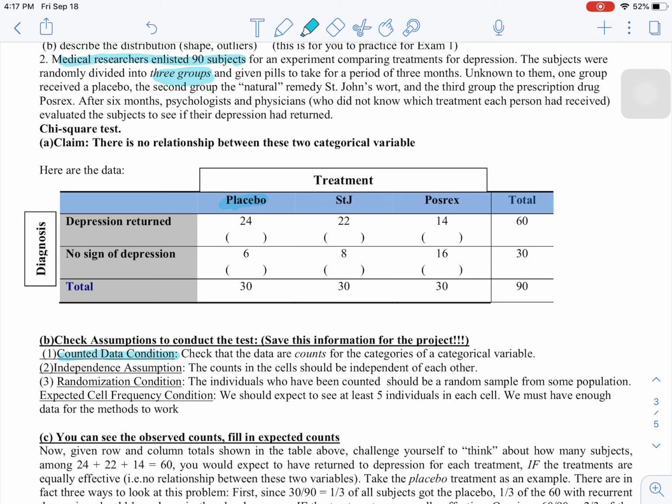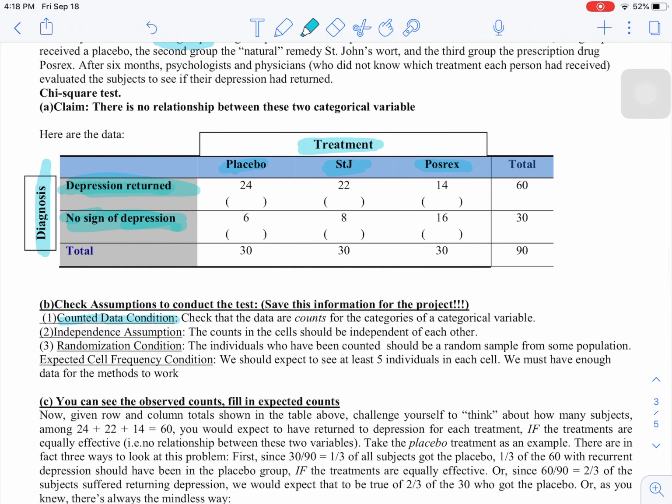One is getting a placebo, one is getting a natural remedy, and one is getting a prescription drug. So our one variable is treatment. And then after the end of the study, they're going to diagnose people and see what happened to their depression, whether their depression came back after the treatment or whether it went away.